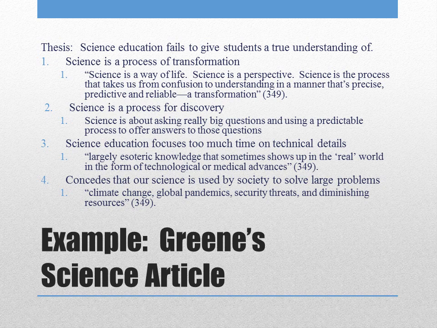Science is a perspective. Science is a process that takes us from confusion to understanding in a manner that is precise, predictive, reliable, and a transformation. Science is a tool for discovery. So I went through that and I found subpoints for each area. Now see how, even if you turned all of these into sentences just like this, it would be a good sort of beginning summary.